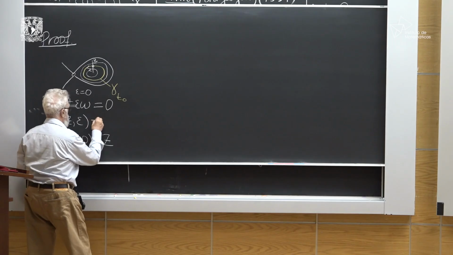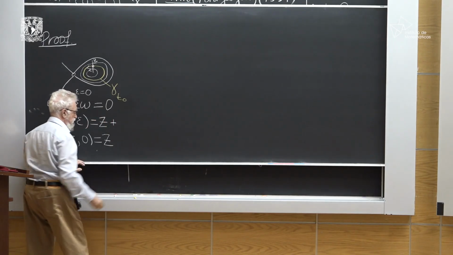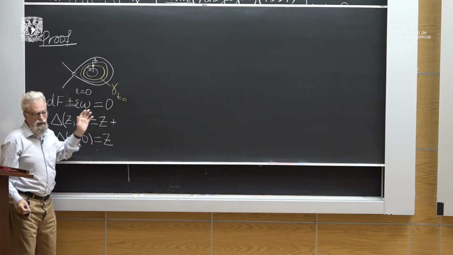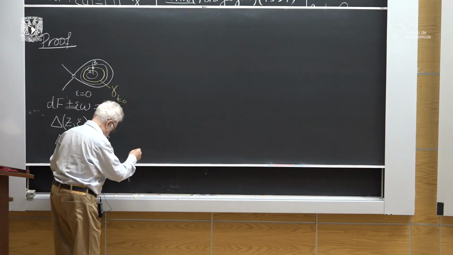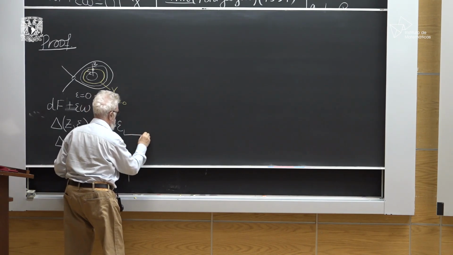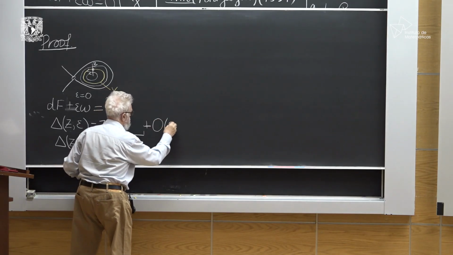But when epsilon is non-zero, I just decompose in epsilon this function of two variables. There will be epsilon times something plus O large of epsilon squared.